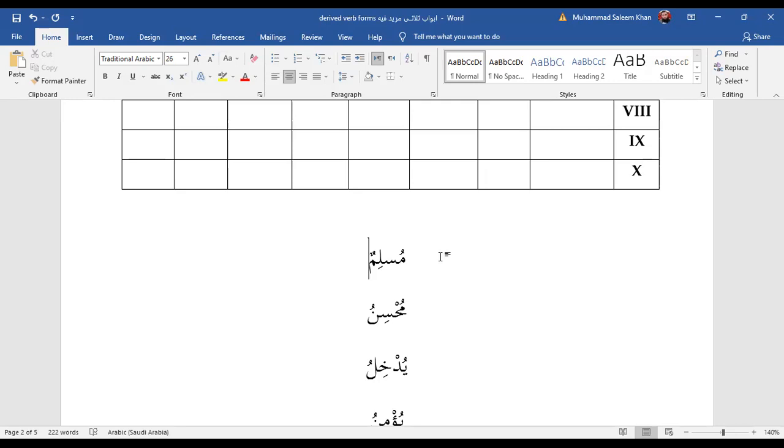All of them carry the meaning of as-sihha wa salama, the meaning of peace. So inshallah, being Muslims, this is what we are supposed to do, and that's what we are trying to do. So we will be the ambassadors of peace wherever we are, Muslimun.